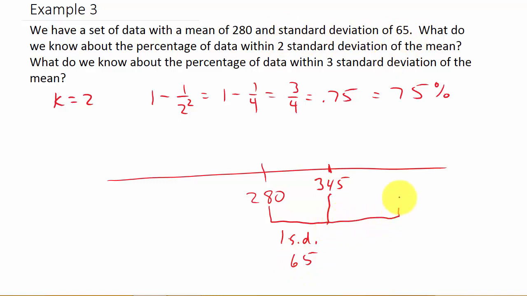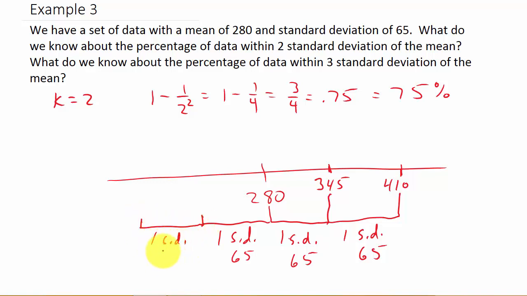And then if I go over another standard deviation, that is 410. That's another 65. So I went over 2 standard deviations, to 410. And then I can come back the other way, 1 standard deviation and 1 more standard deviation.